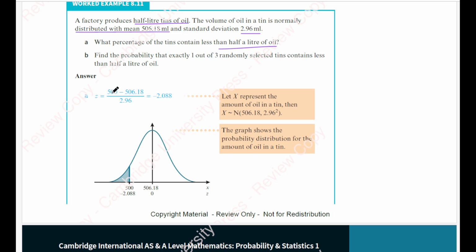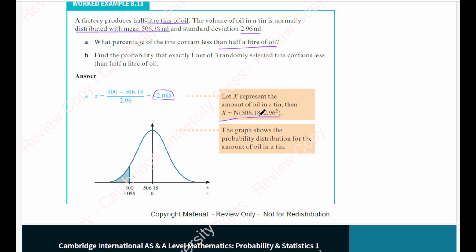And 500 milliliters we need to standardize by using this mean and standard deviation. You can see here we have z written. And if we have this, then we can represent it as follows.